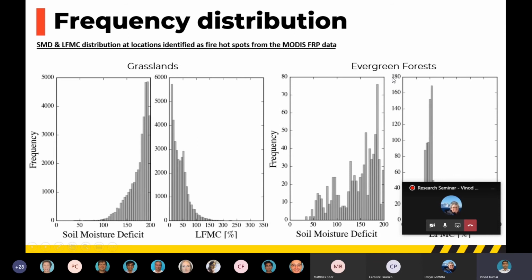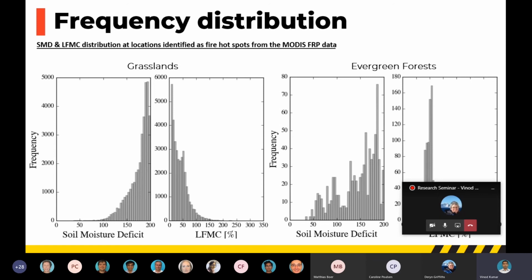On the right, it has the same plot, but for the evergreen forest, and this is very interesting and also highlights the complexity of both soil moisture and live fuel moisture variability, because it shows that for evergreen forest, fire occurs at a much wider range of soil moisture, and the fuel is also much wetter in evergreen forest when the fire occurs.